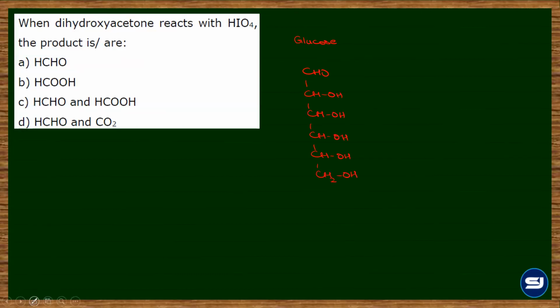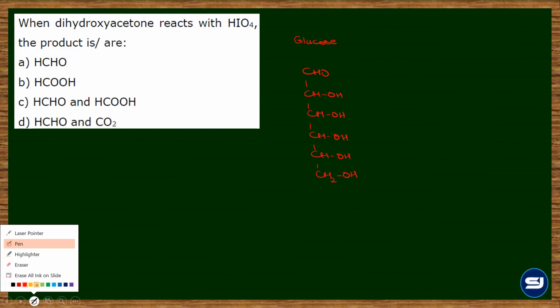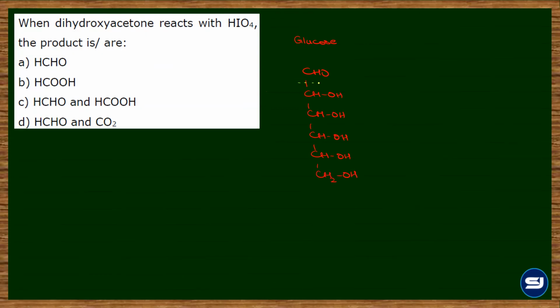So HIO4 has a tendency to cleave the CC bond of carbonyl and OH or between the glycolic CC bonds. So 5 moles of HIO4 will be consumed.